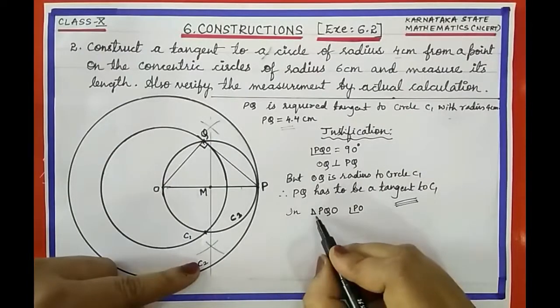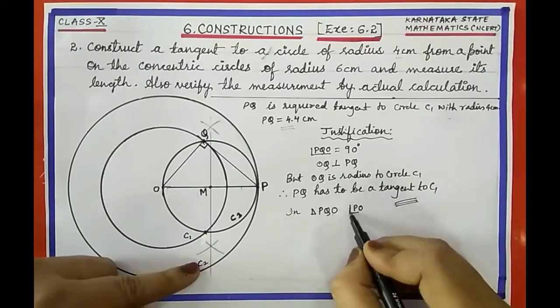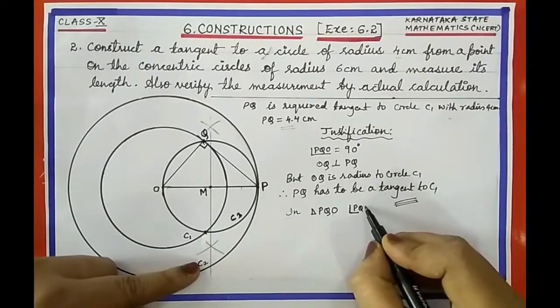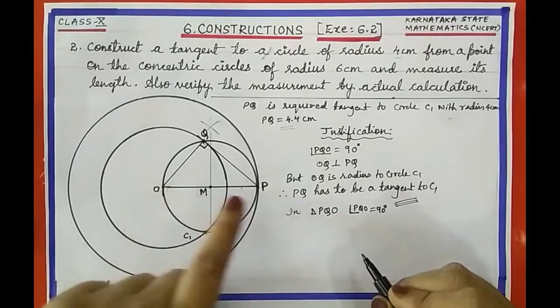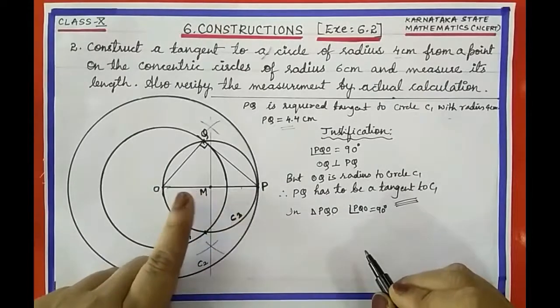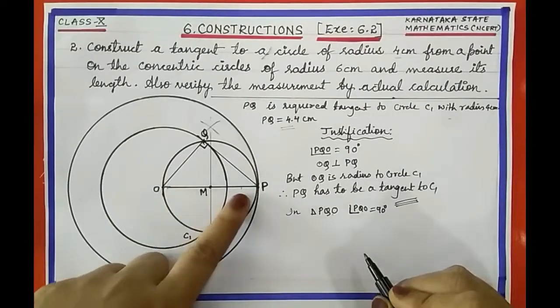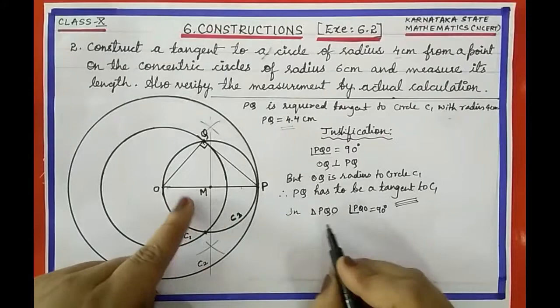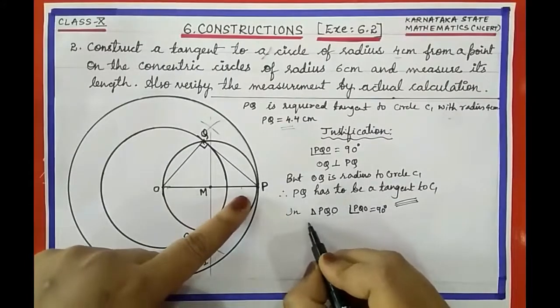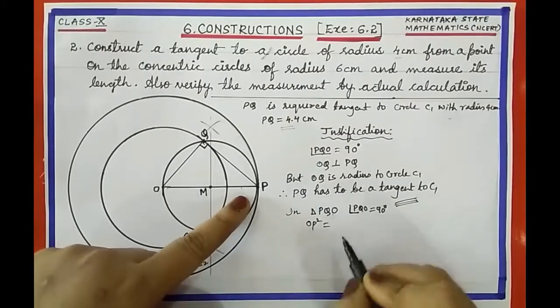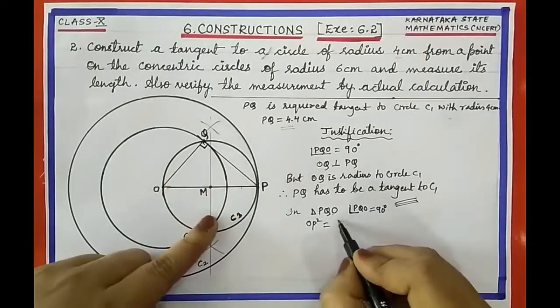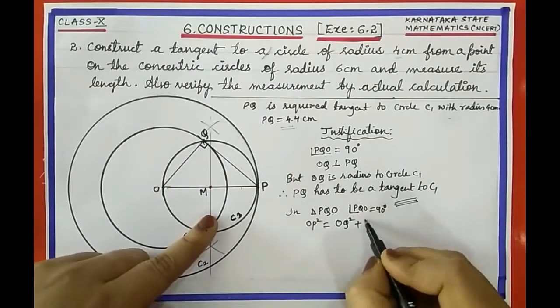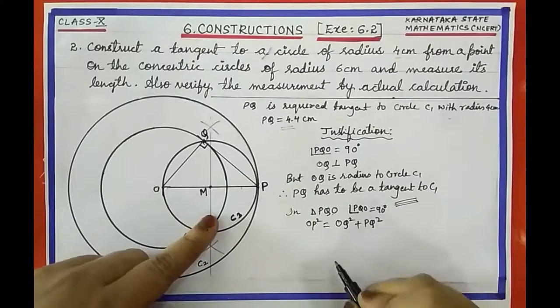So in right angle triangle PQO, angle PQO is equal to 90 degrees and OP is the hypotenuse. According to the Pythagoras theorem, we can write hypotenuse square is equal to the sum of squares of the other two sides, that is OQ square plus PQ square.